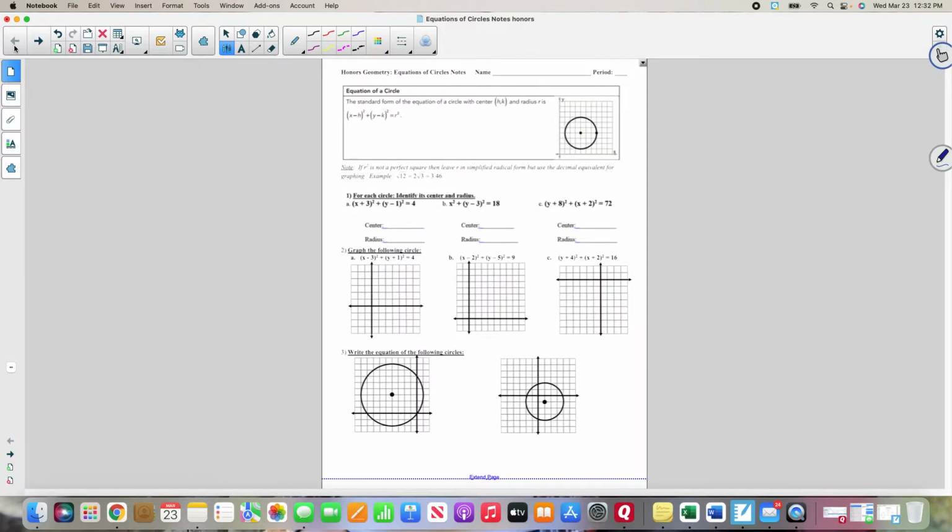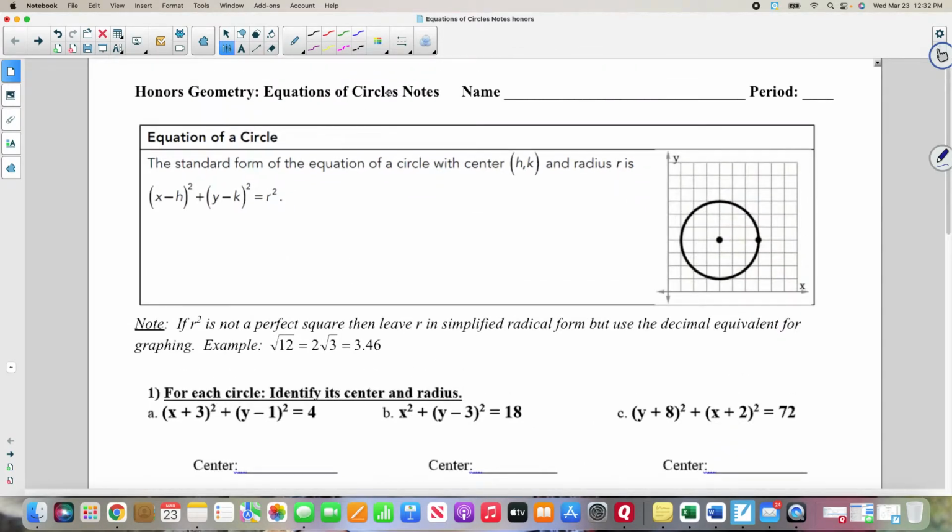So now we're going to talk about the equation of a circle. At the very top, it gives you the standard form of the equation of a circle: (x minus h) squared plus (y minus k) squared equals r squared. Parabolas in vertex form looked like a, (x minus h) squared plus k, so you would change your h, keep your k.